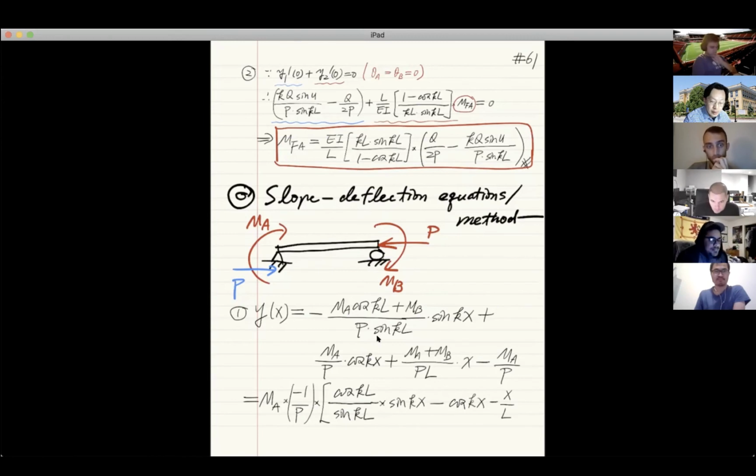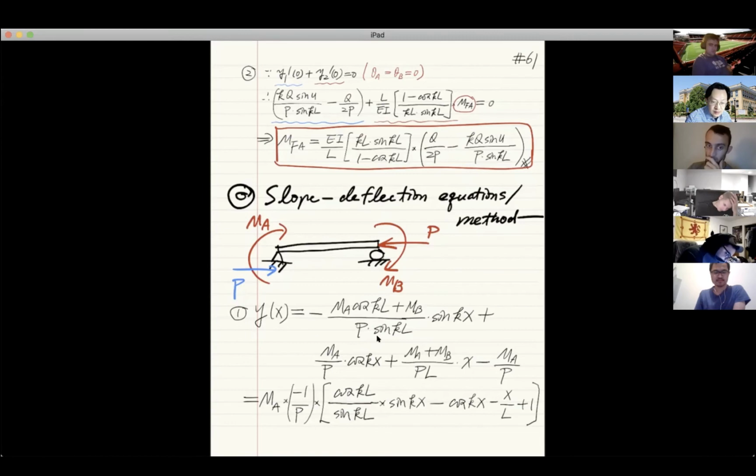We take only MA. Okay. And anything else about MA? There's still the last term, right? The last one is minus MA over P, but you already took the minus 1 over P out, so this is just going to be plus 1. So that's everything about MA.